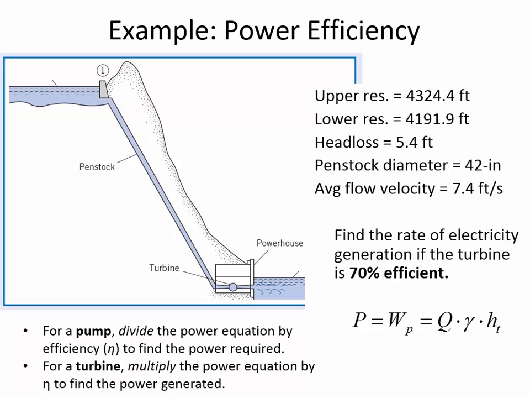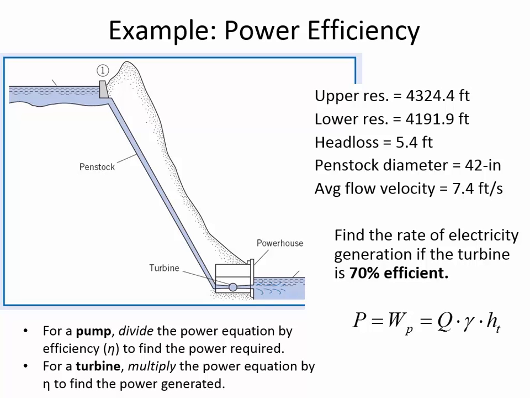And so now we'll calculate what is the head that's available to be extracted from the turbine. The difference between all of these, the turbine head, H sub T, is 127.1 feet. So this is how much head can be extracted by the turbine and converted into electricity. That's what we'll use in the power equation. Let's find the volumetric flow rate.